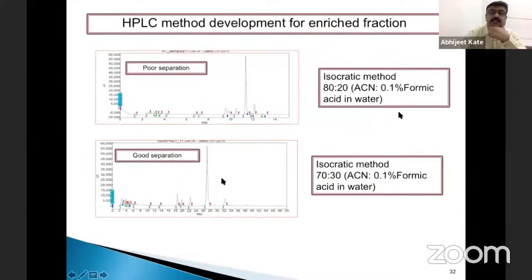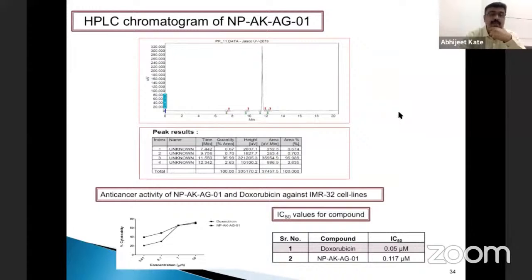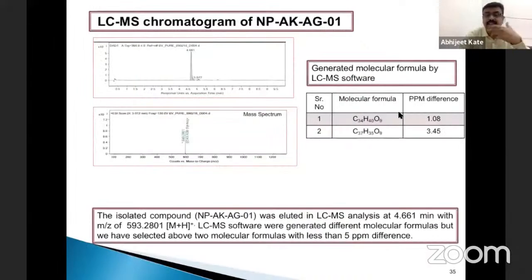Right. So finally we worked on that particular extract and performed semi-preparative purification, because it was not that high scale, the amount was less, so we used a small column, which was a 70 mm column. Then we purified the compound, checked the activity, and did the structure elucidation, where we got the formula.